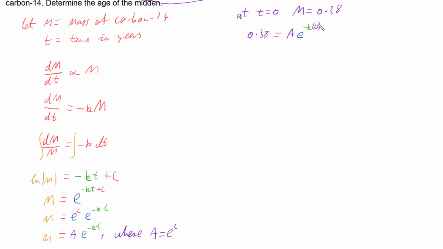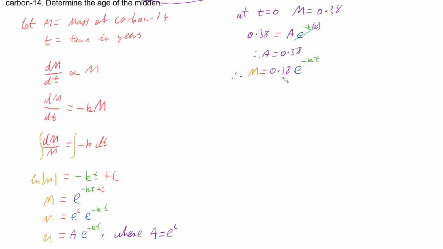The k times 0 is going to cancel out and become 0. e to the 0 is just 1, so we can ignore that. And that means that our A equals 0.38. So therefore we get more information about our function. We now have M equals 0.38 e to the negative kt.